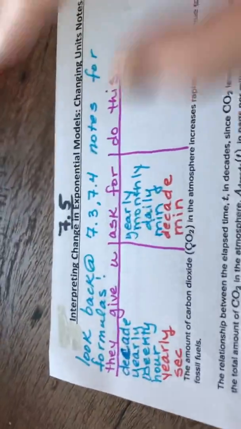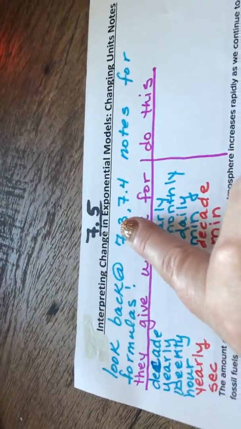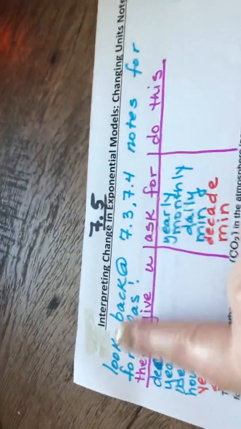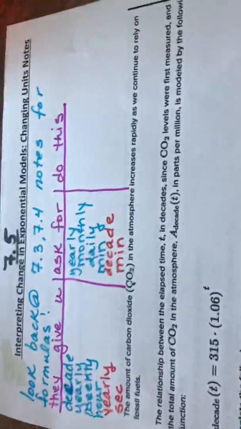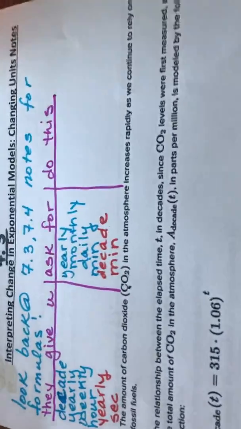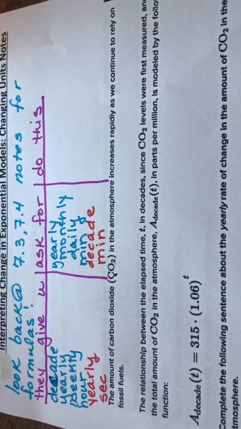It's just where we change the time and stuff. If you need to, you can look back at 7.3 and 7.4 notes for the formulas. But I think you'll probably be able to just whip this out without a lot of trouble. The last section, 7.4, was a lot of trouble, but this one's not that bad.